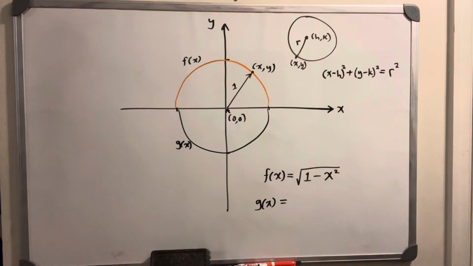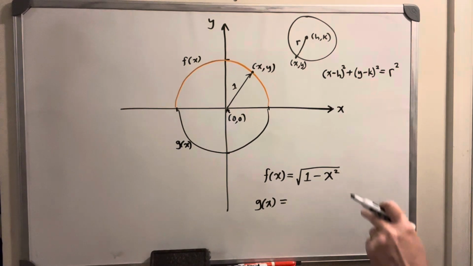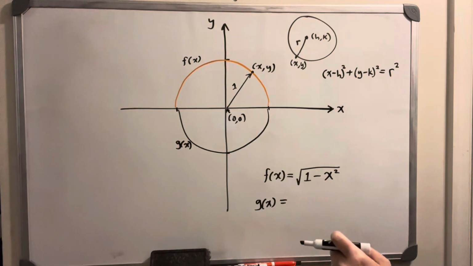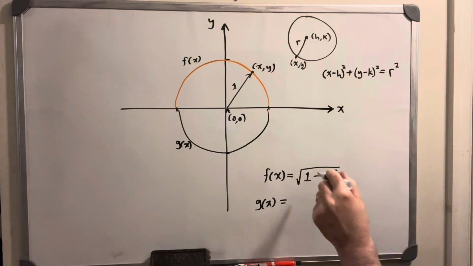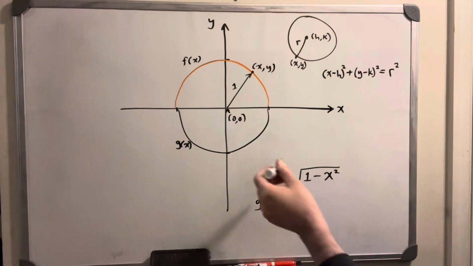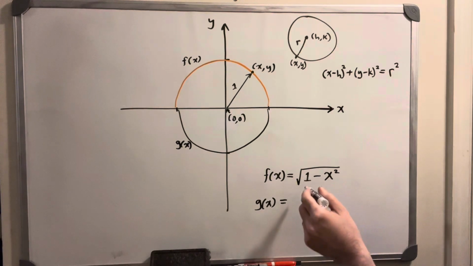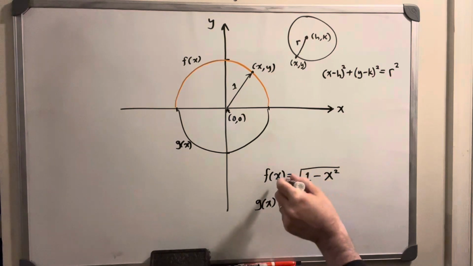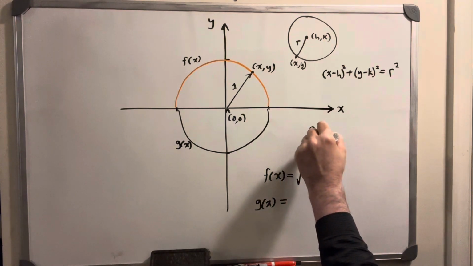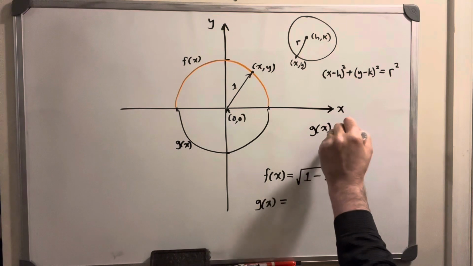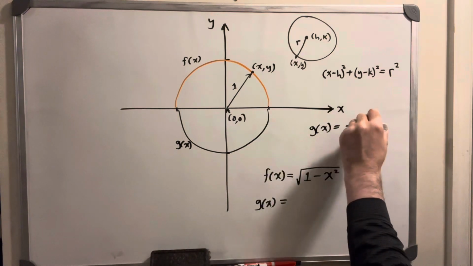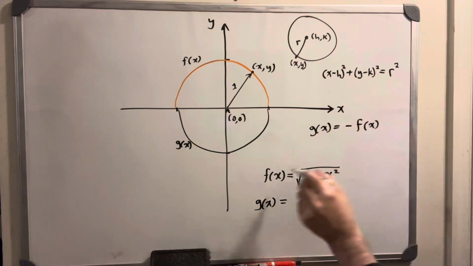By this point, part G is pretty easy, because now that we have a function for the upper half of a circle, we can see that since circles are symmetrical, if we want to find the lower half, the negative values of y that are on this circle, we just do this, because g of x is equal to the negative of f of x, right?